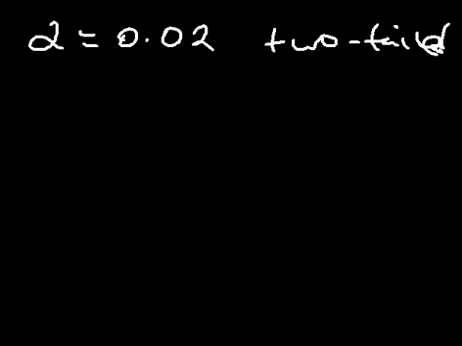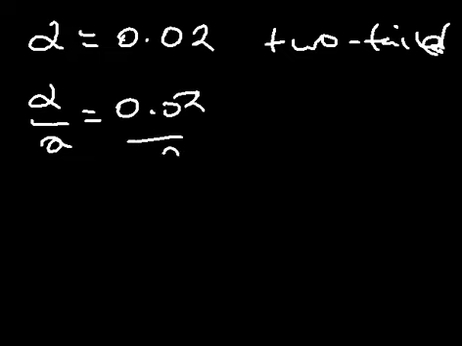According to the principle behind it, we'll have to divide that by 2. So the alpha has to be divided by 2. That will be 0.02 divided by 2, which is 0.01. That will be the value.